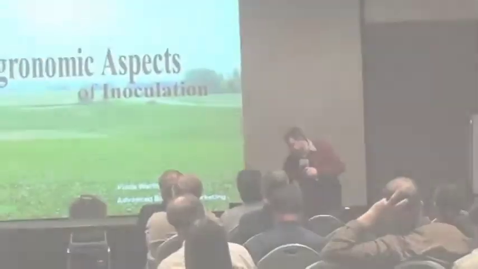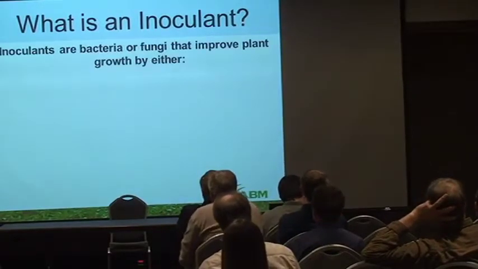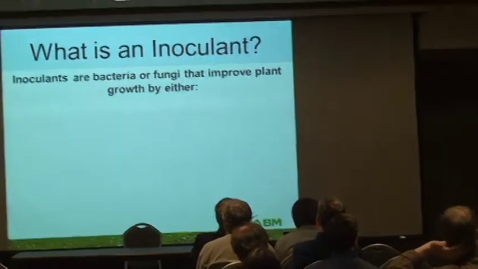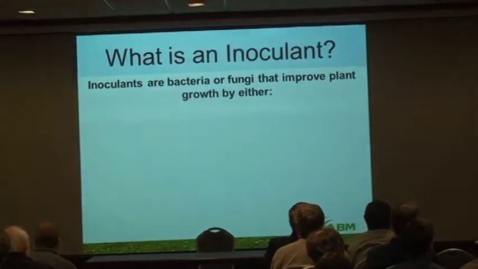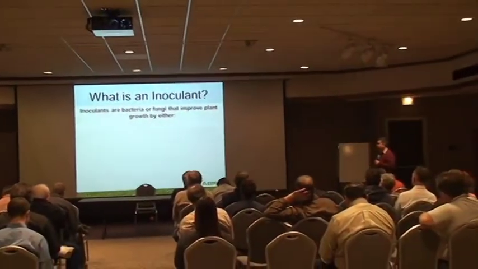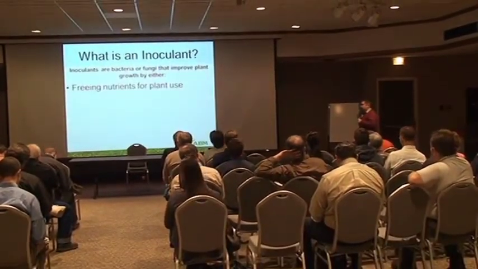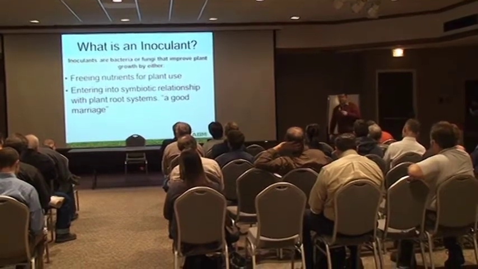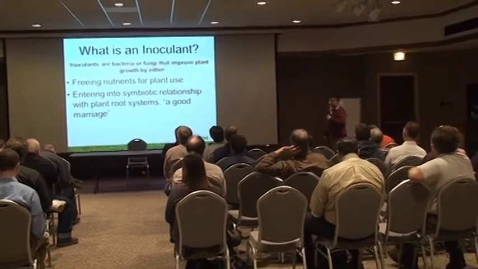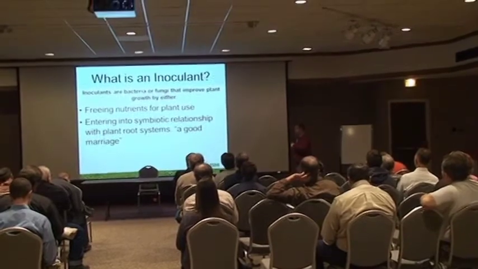Types of inoculants. And what is an inoculant? Well, in the traditional sense, an inoculant will be associated with soybeans, or you would think of a rhizobium product, but in the correct definition, inoculants are bacteria or fungi, a living organism that improves plant growth either by freeing nutrients for plant use or entering into a symbiotic relationship with the plant, a good marriage, not a bad marriage, because there are relationships out there that are bad marriages, and those are called parasites.